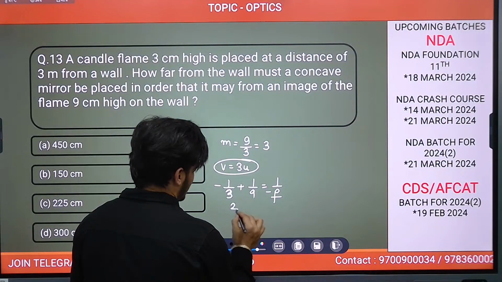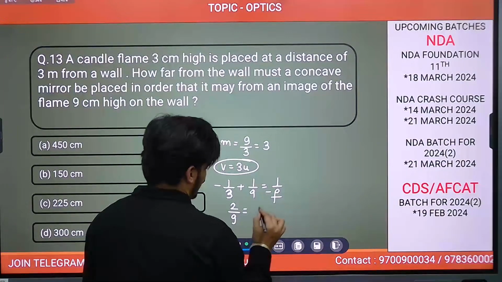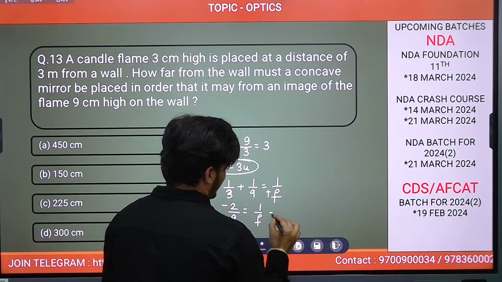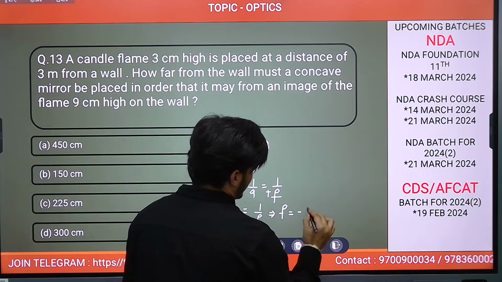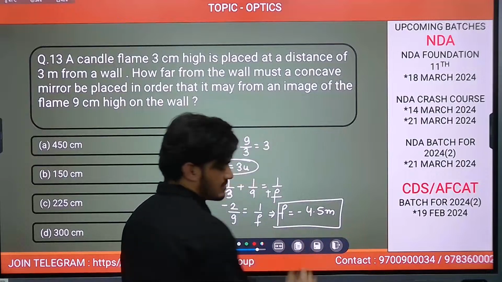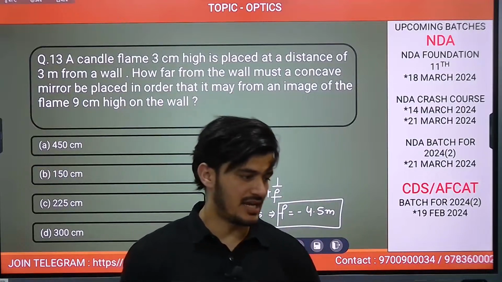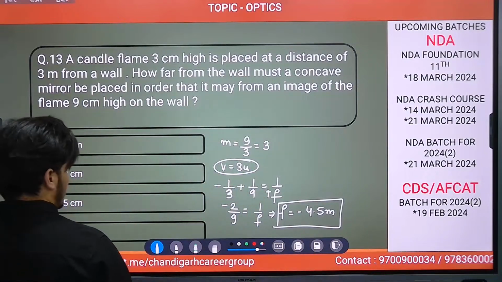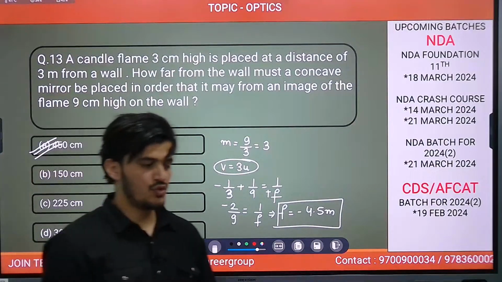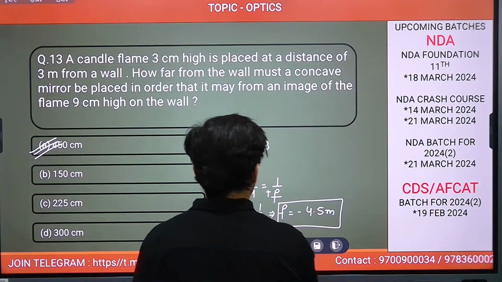Object distance, yes, 2/9. 1/f, let's just not put any sign over there, minus 2/9. So f is minus 4.5 meter. Negative sign indicates concave, and it's in centimeter, so this is 450 centimeter.